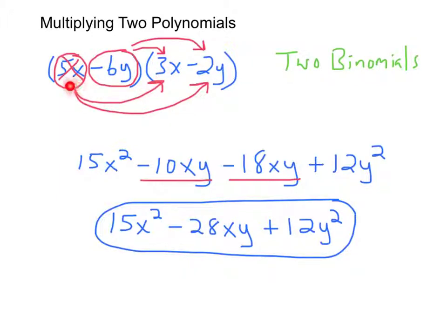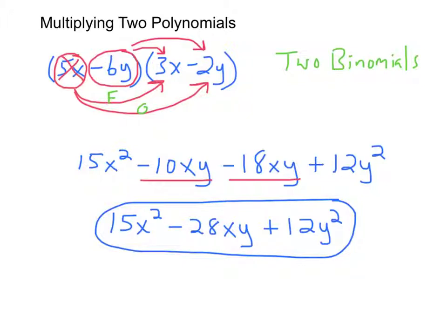So notice that's the first term times the other first term. So I'm going to call that F for the firsts. And then we took the 5x and we distributed over here to this negative 2y. And those are kind of like on the outside of the problem. That's the far left and this one's the far right. So that's on the outside. So those are sometimes called the outers. So I'll label that with an O for outers.